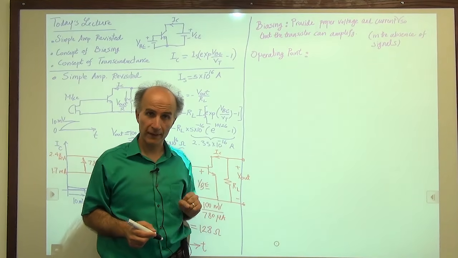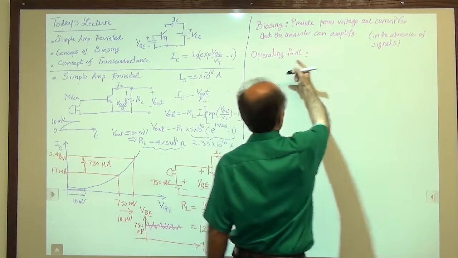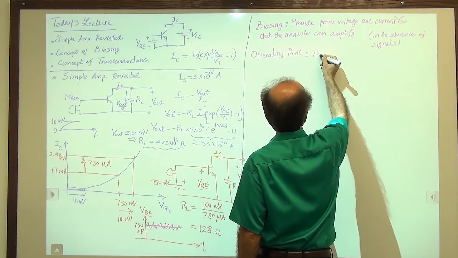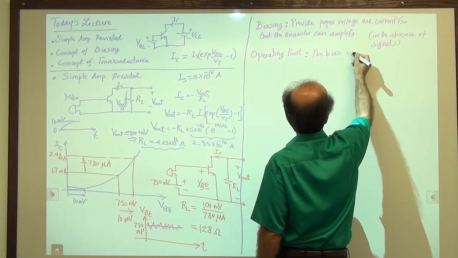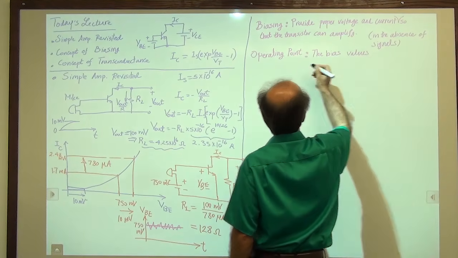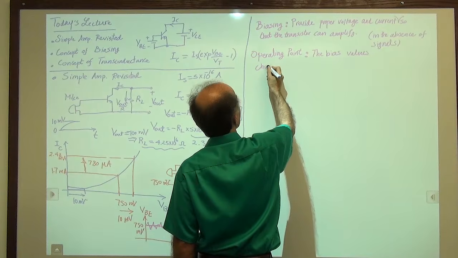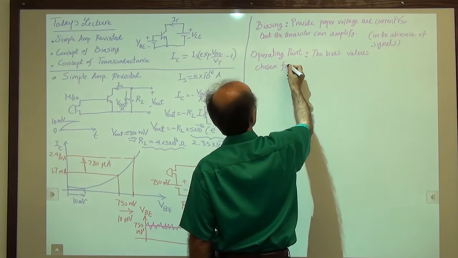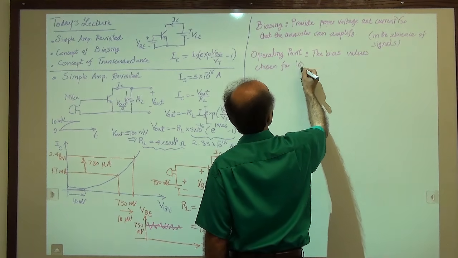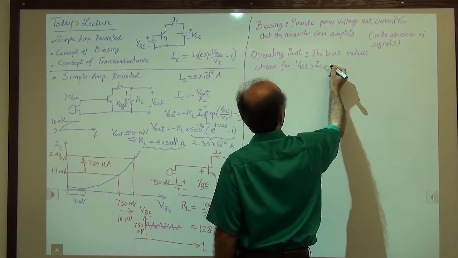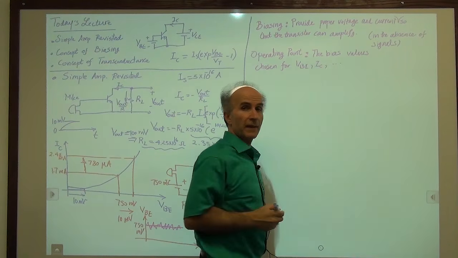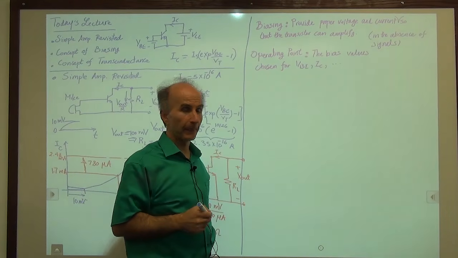So again, without any signals. So operating point means the bias values chosen for VBE, IC, and other quantities that we will see later.